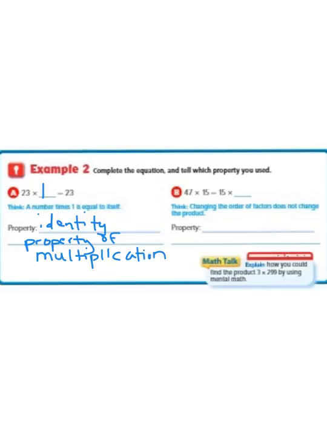And look at B, it says 47 times 15 equals 15 times 47. And the property we used in that one is the commutative property of multiplication.